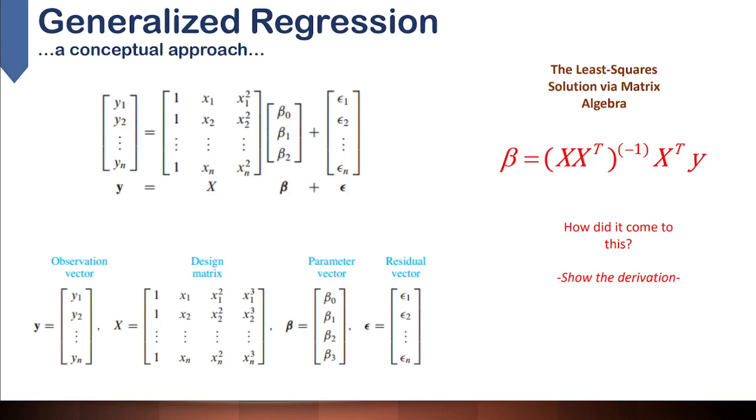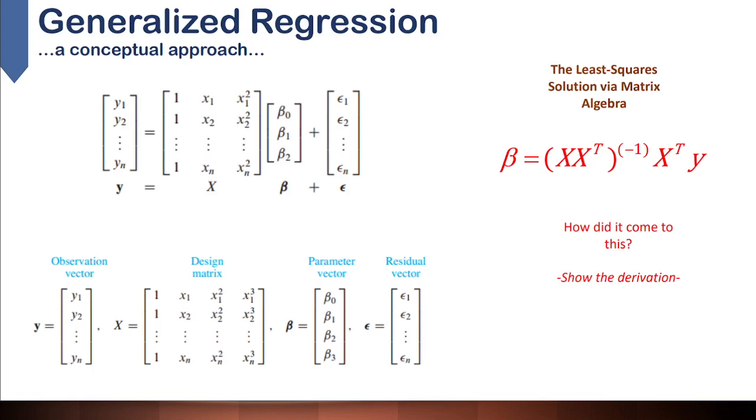Then we have generalized regression. This is a conceptual approach. For any variables of data, we have what we call the least square solution, and this is done by matrix algebra.